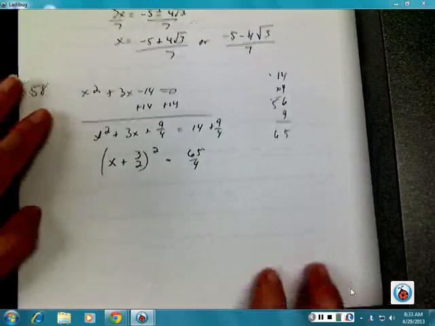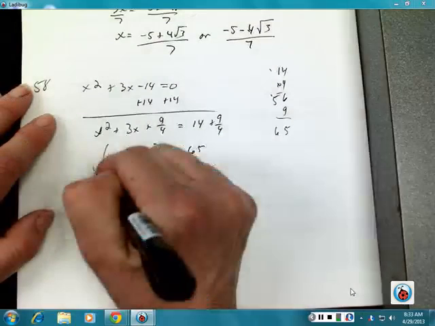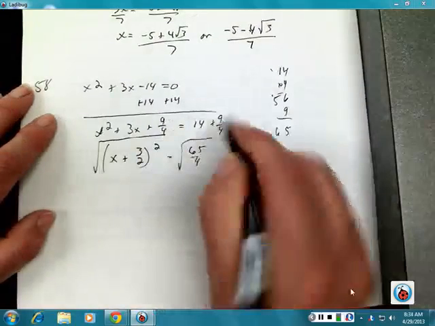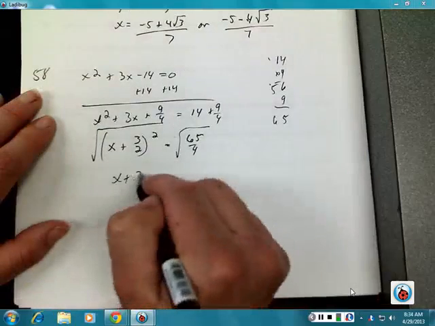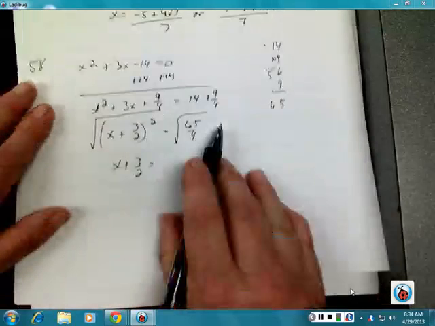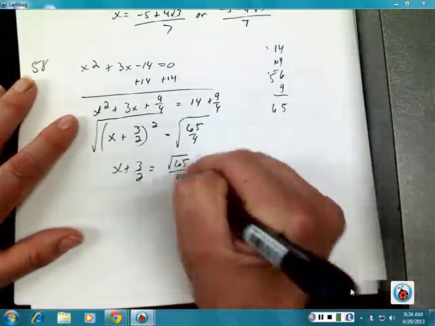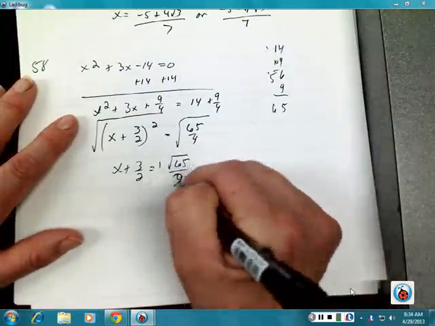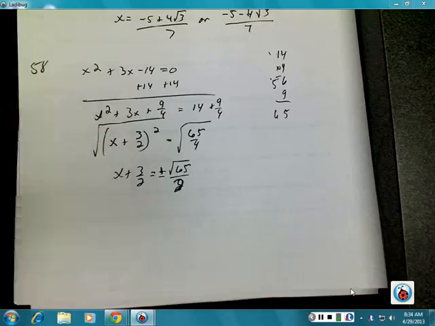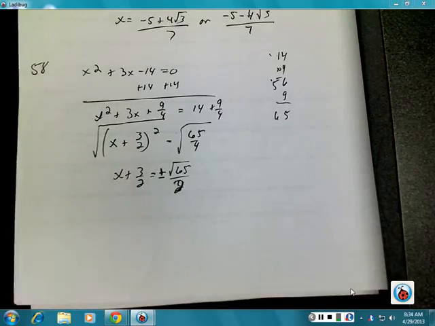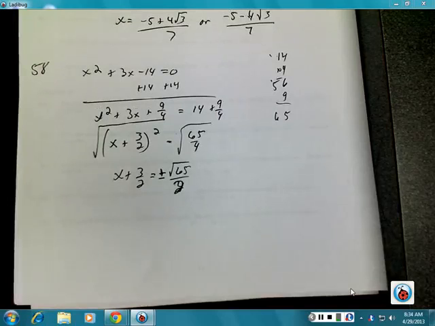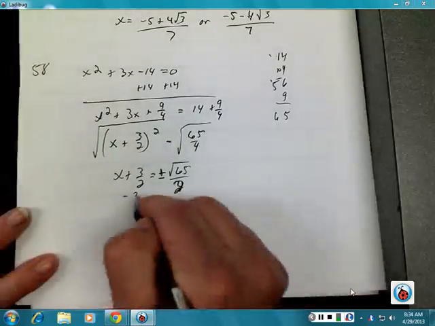Then, in order to get it finished, I need to take the square root of each side. So when I do that, I get x plus 3 halves is equal to the square root of 65 over 2, plus or minus, because my denominator was a perfect square. So I can come up with 2, move my 3 halves over.